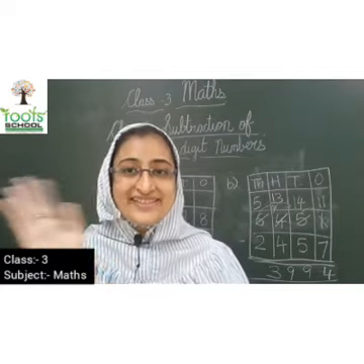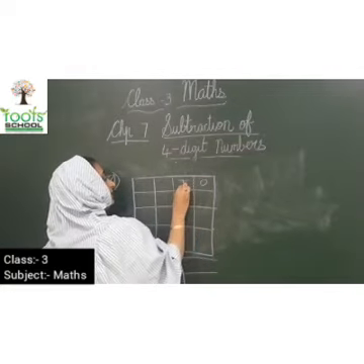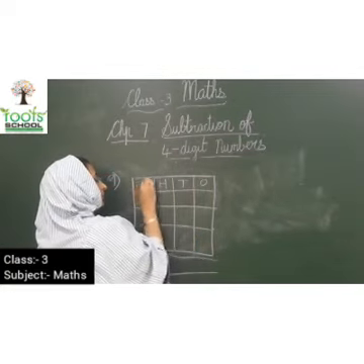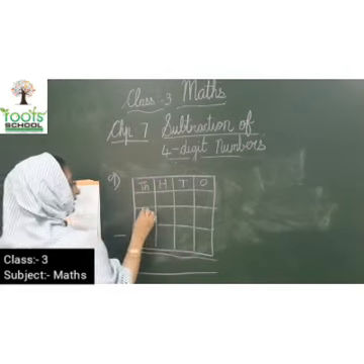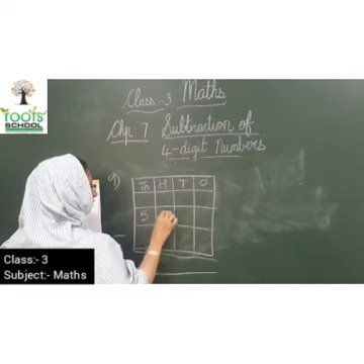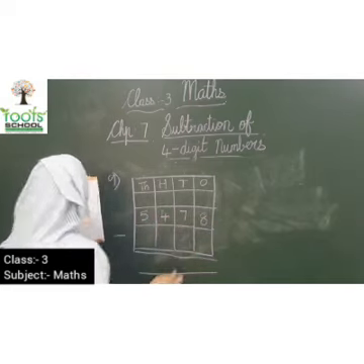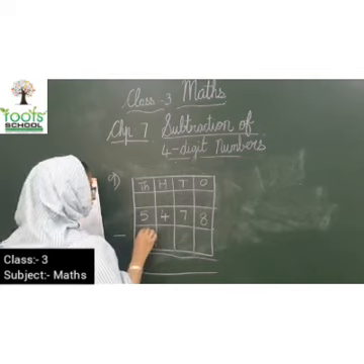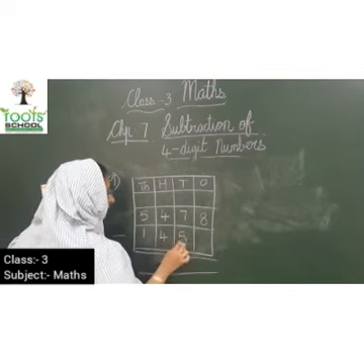Write the place values: ones, tens, hundreds and thousands. Now kids, tell me what is the minuend. It is 5,478. And what is the subtrahend? It is 1,458.